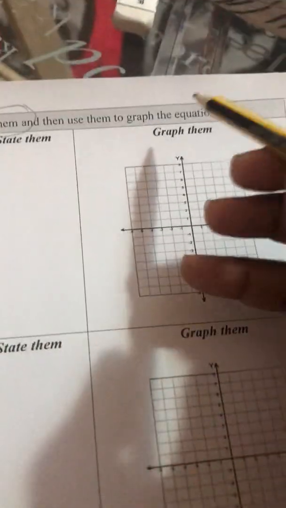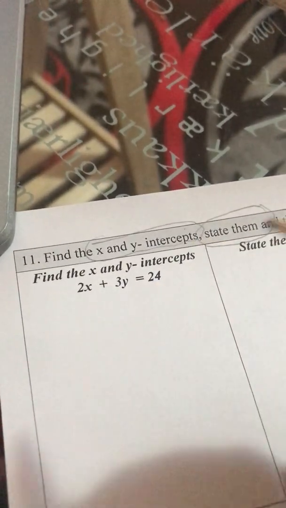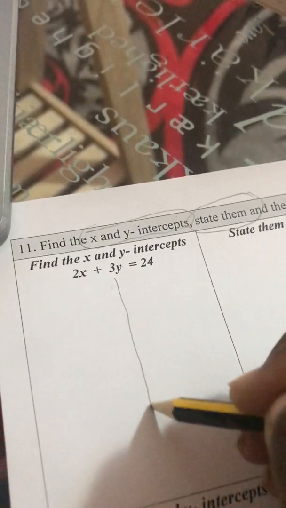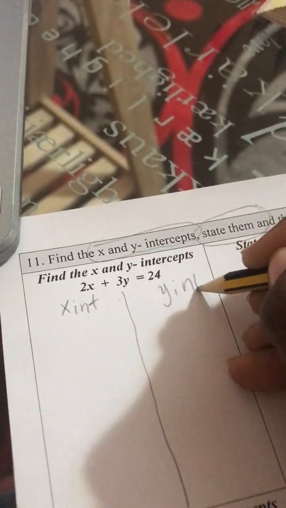After you state them, you must use them to graph. Okay? So, how do I find? I like dividing by 2. So I want to do the x-intercept here, and I will do the y-intercept here. This way I know I am doing all my work correctly.